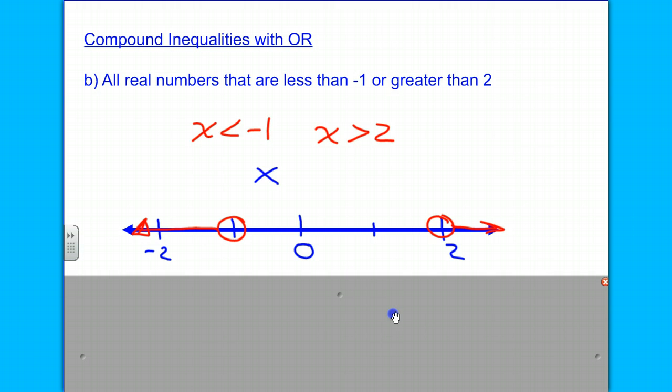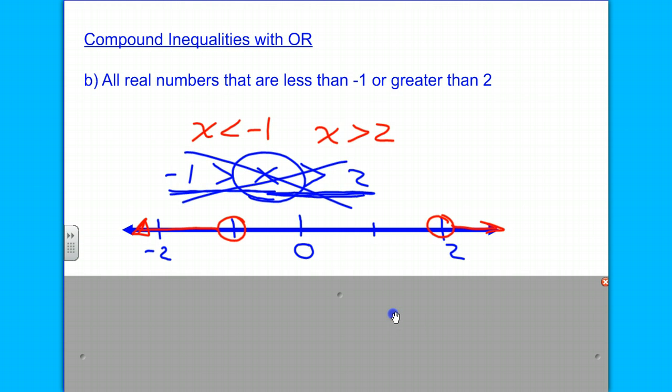We could put x in the middle, put the smallest number on the far left, put the largest number over here. But now x is, she said, less than -1. So look at how that looks, right? And then x is greater than 2. But really, are the values in between those two numbers the same? If you are greater than -2, you are not less than -1. So this just does not work, okay?